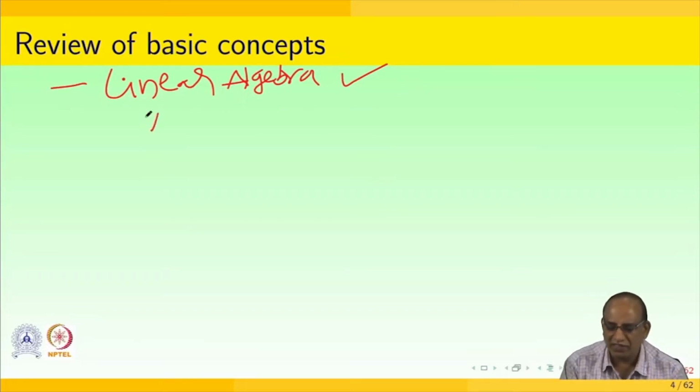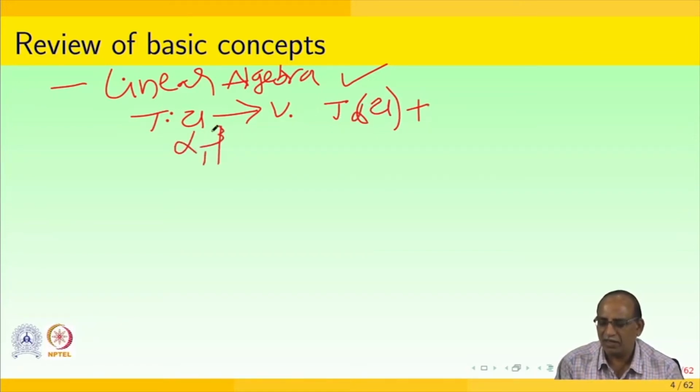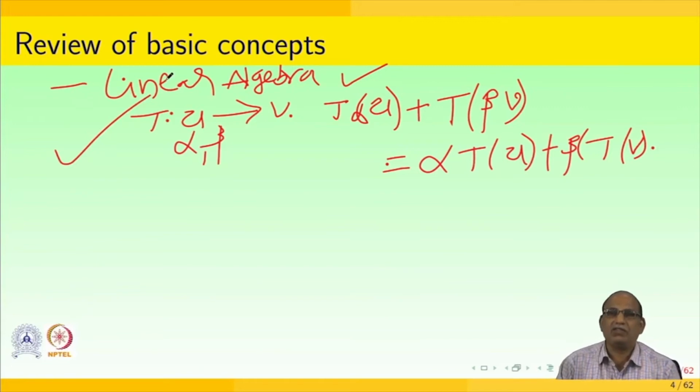If T is a transformation from U to V, then T of alpha U plus beta V, where alpha is a scalar and beta is another scalar, will be equivalent to alpha times T of U plus beta times T of V. That means it preserves the linearity. That is what is called linear algebra.